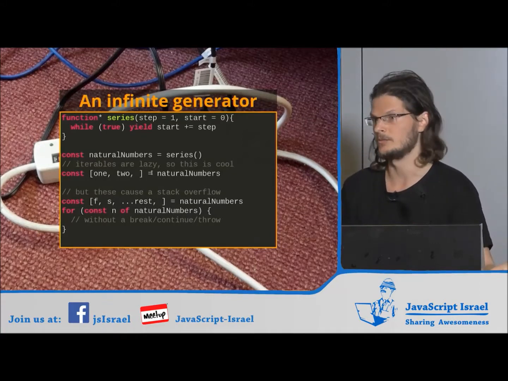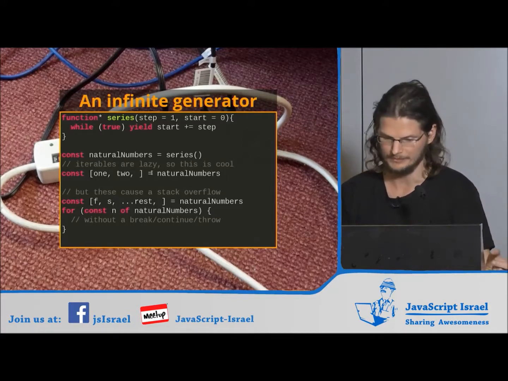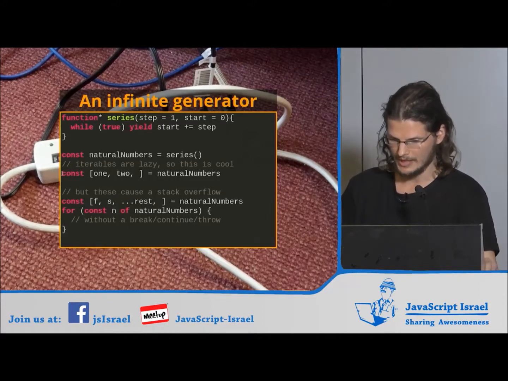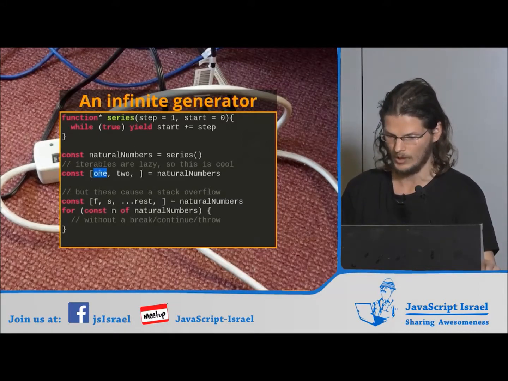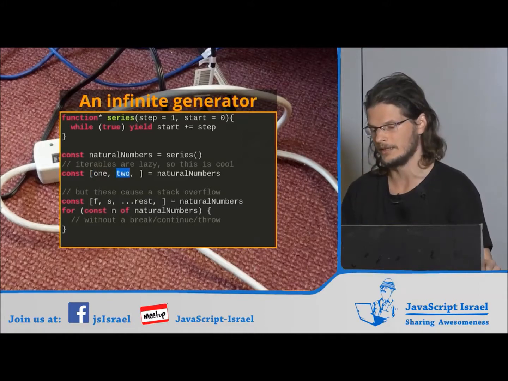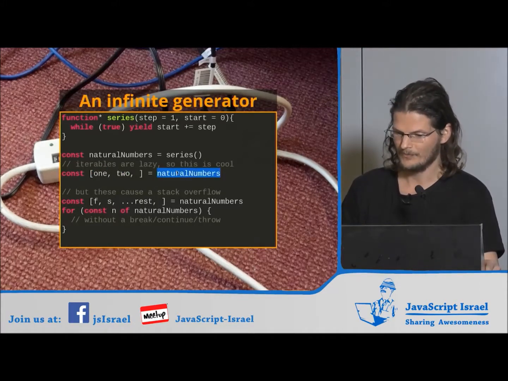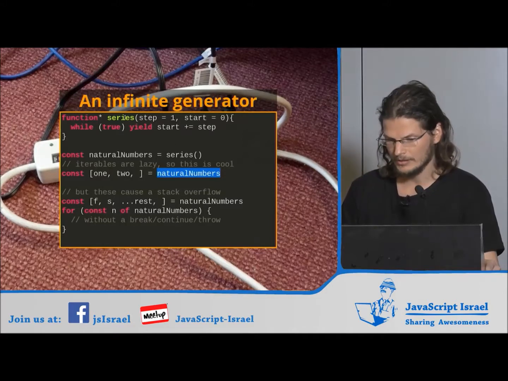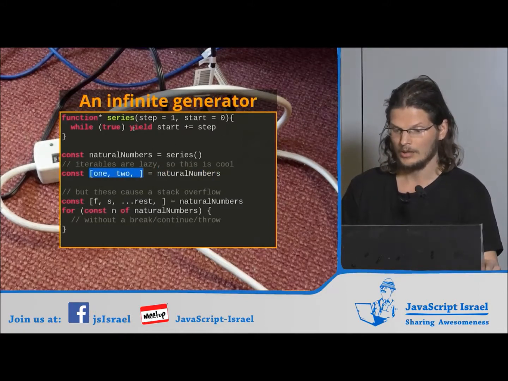Also, it's lazy, which is why it's even possible. So, for instance, we can use destructuring assignment and only call this generator to yield two values, 1 and 2, lazily from the iterator. Once we're done with this part, we'll stop at the yield, okay, and that's it.